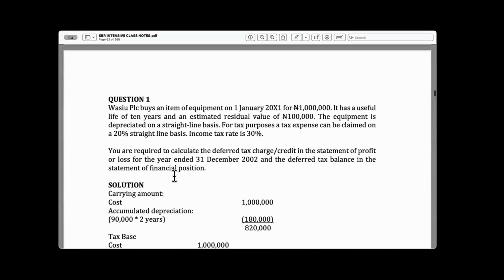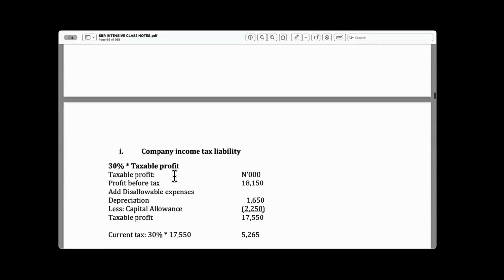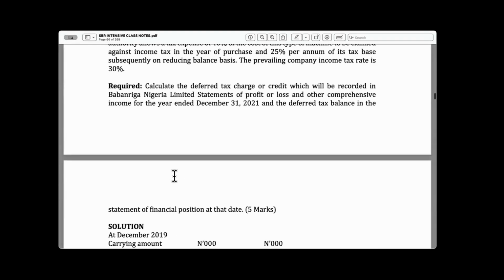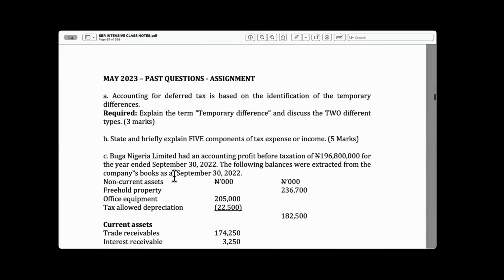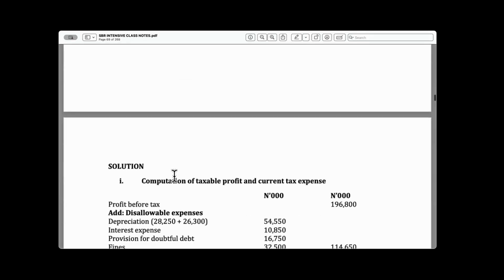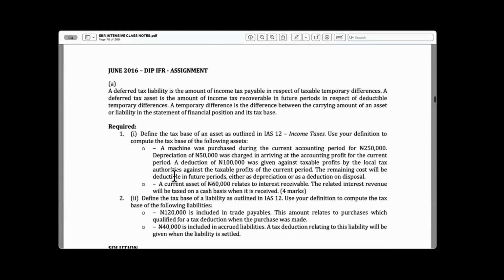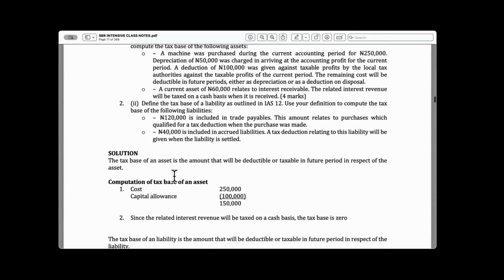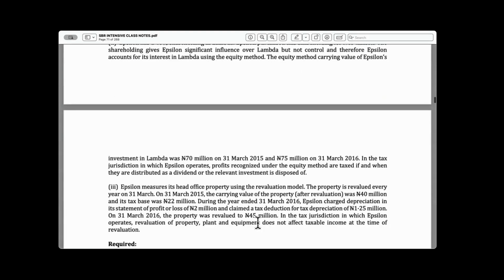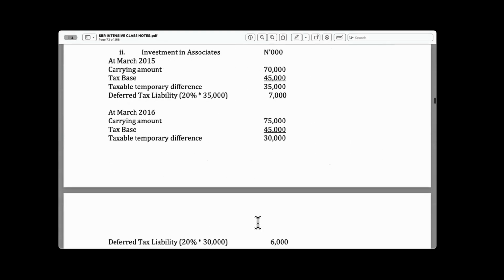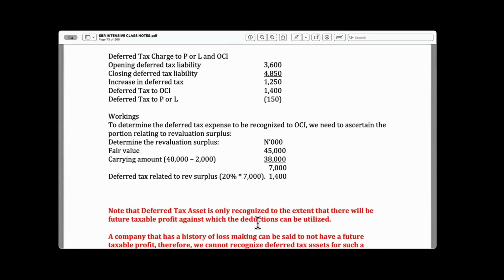So I started solving questions. You can actually check all of these things. Even this one, I've indirectly discussed it. So you need to review this background I've given you, review it with this handout.